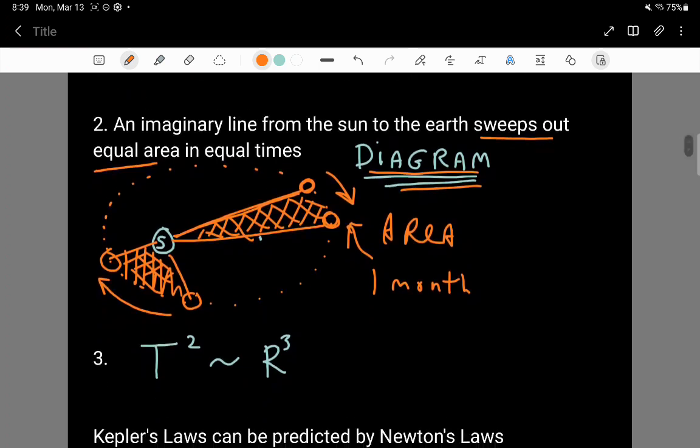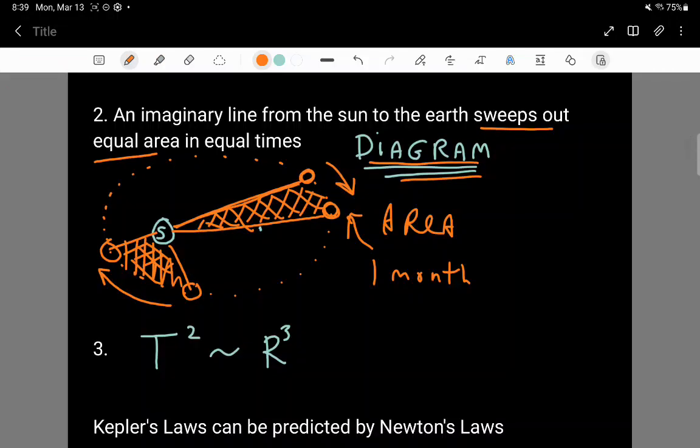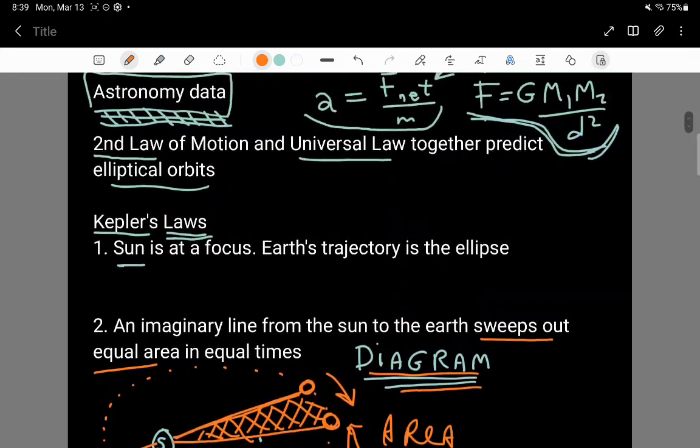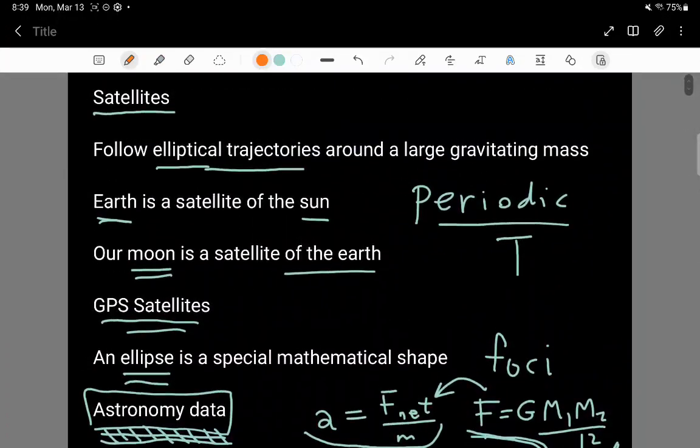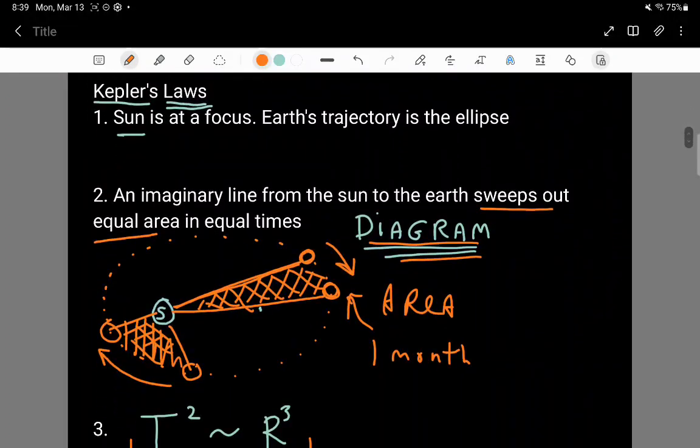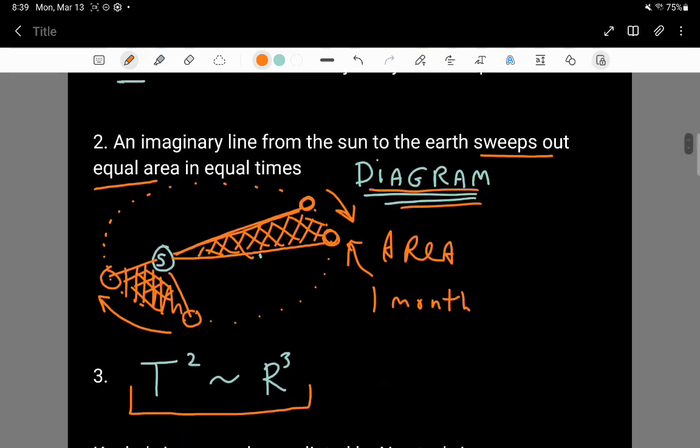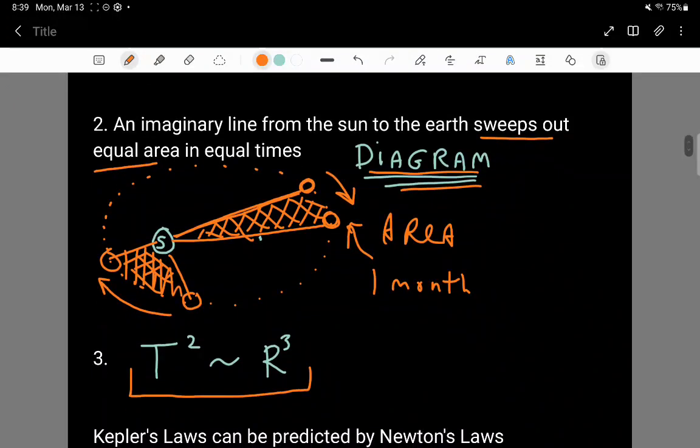Another thing that Kepler realized, and this was somewhat more quantitative, is so capital T is the same thing as the orbit period that we discussed earlier, right? So the Earth's orbit period around the sun is 365 days. So that orbit period, if you square it, it's related to, or in a sense fixed by, the value also of the average distance that the Earth is from the sun.